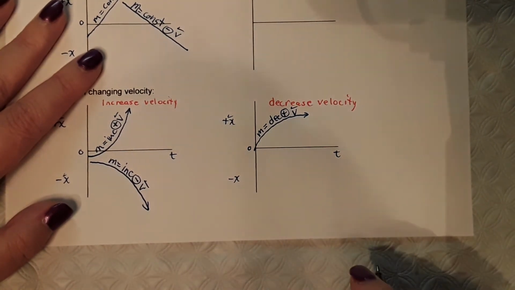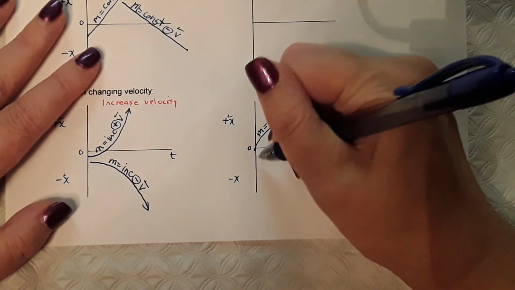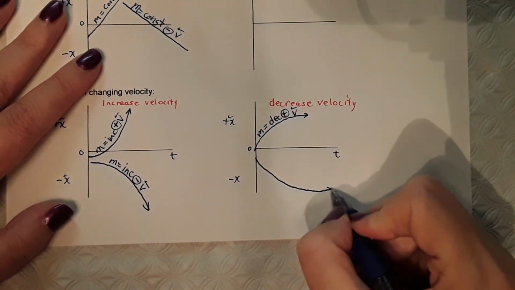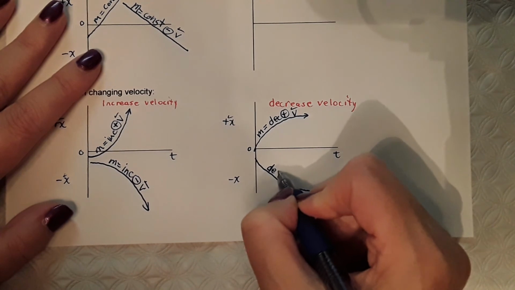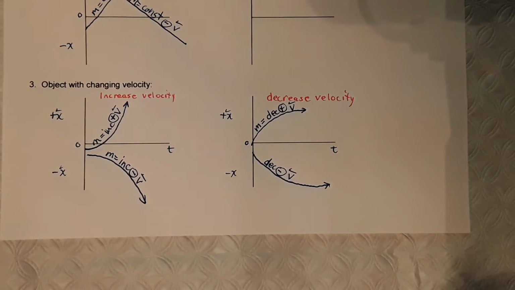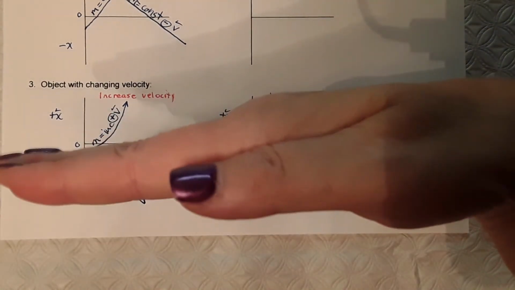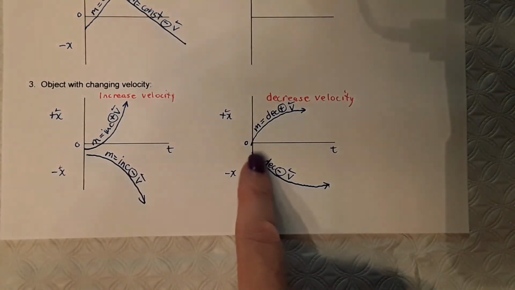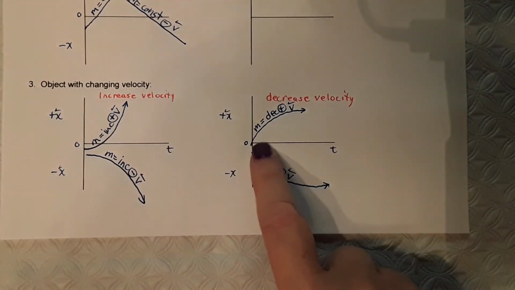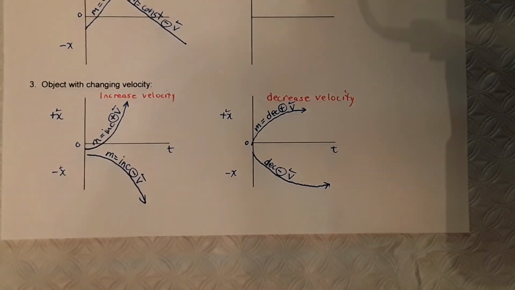Can you show an object slowing down in the negative direction? Certainly, you're going to do the same thing. You're going to start out steeper and get flatter. So this shows decreasing negatively directed velocity. Okay? All right, so increasing, the slope goes from flatter to steeper. Decreasing, the slope goes from steeper to flatter. And up the graph is the positive, down the graph is negative. Okay?